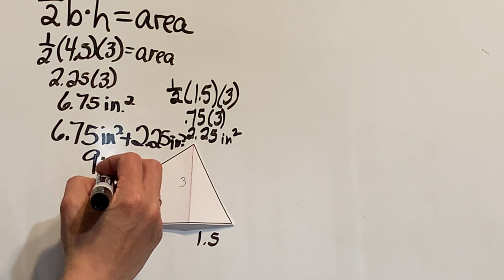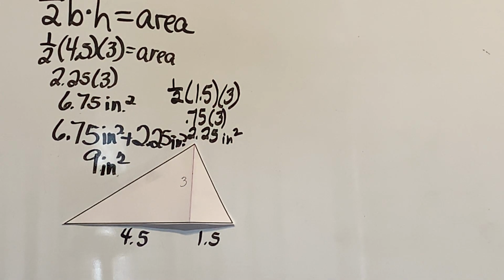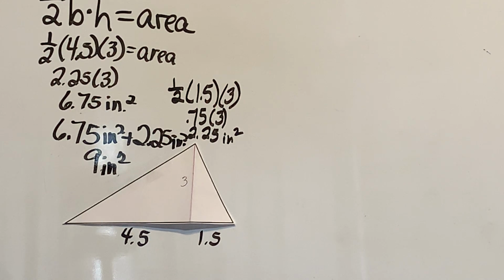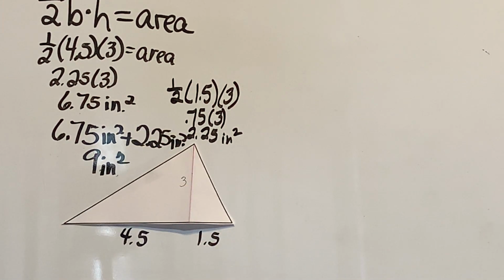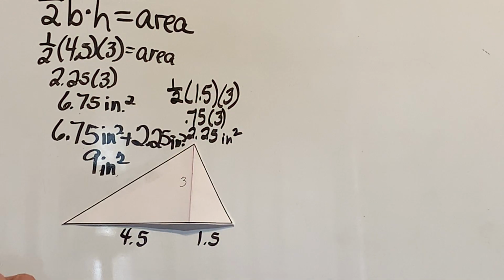So that would be 9 inches squared. All right, so that gives me the total area of the triangle. So if you notice, I used the area of a right triangle for both sides and then put them together to find the total area.